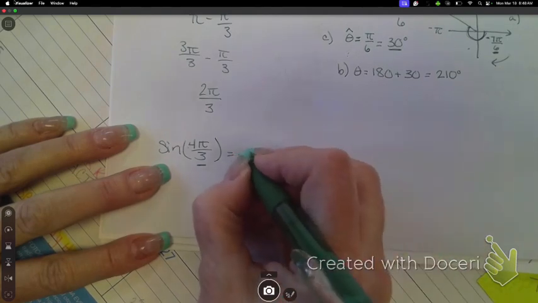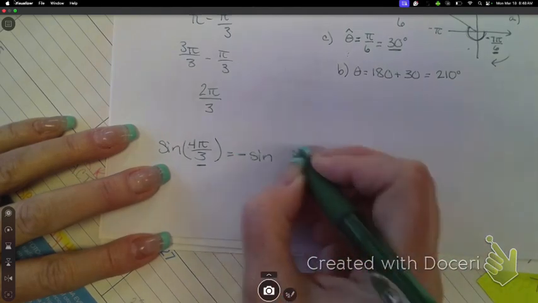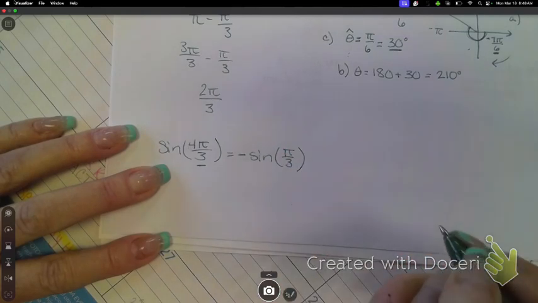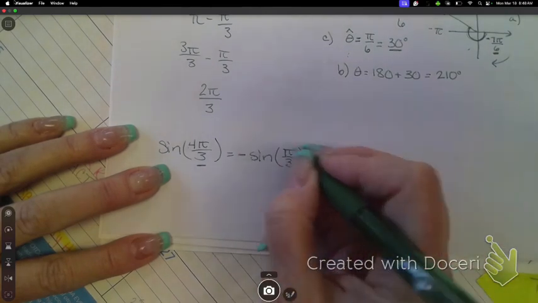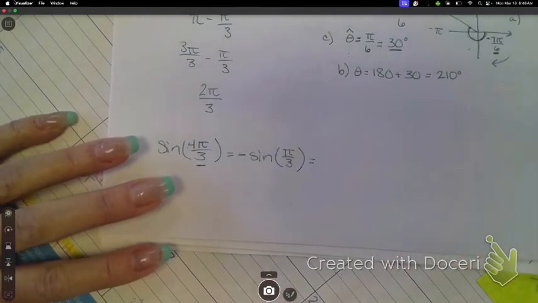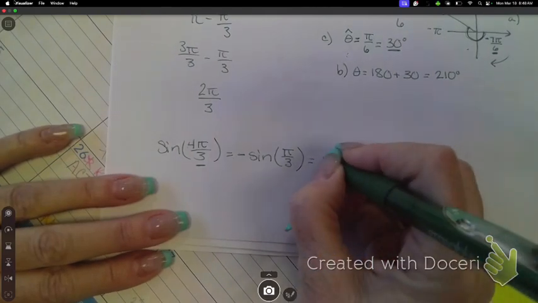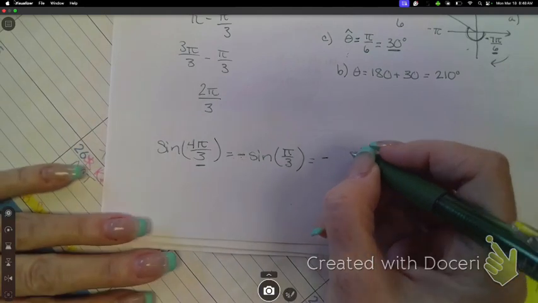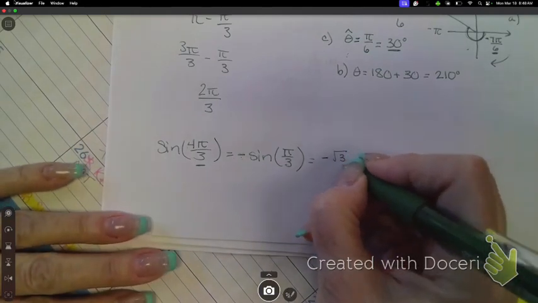So I have negative the sine of pi over 3. That's 60, and negative what over what? What's opposite 60? Square root of 3 over 2.